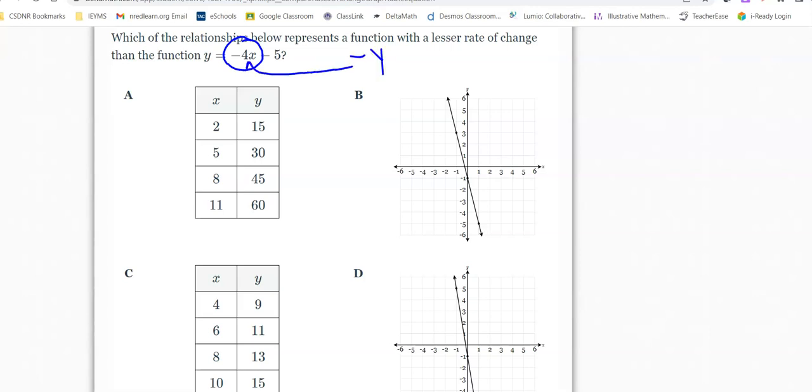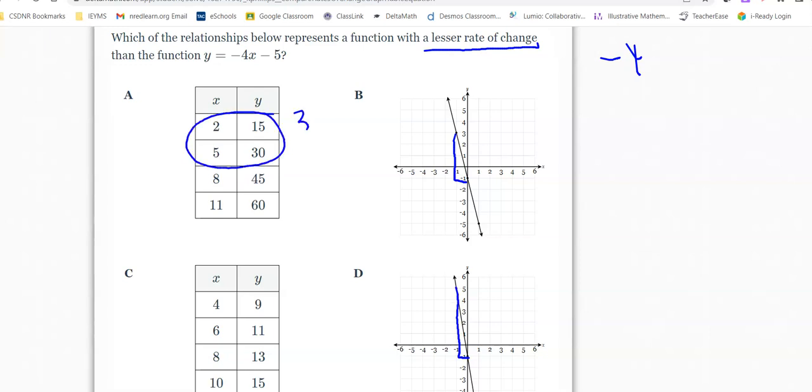The rate of change is this number here, which is -4. We want to pick a function that has a lesser rate of change than -4. So when I look here, I can find the rate of change. When I look here, I can find the rate of change. When I look here, I can find or calculate the rate of change.